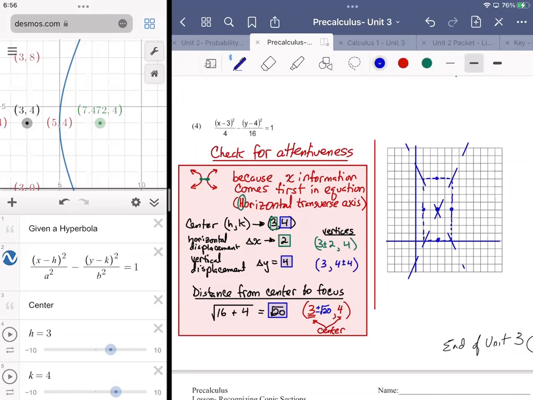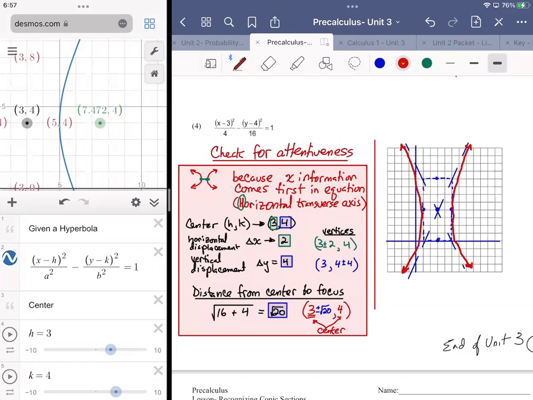And then we just want a smooth curve that's opening outward from the leftmost vertex and the rightmost vertex. Then once I have that taken care of, I plot the foci and I'm good to go.